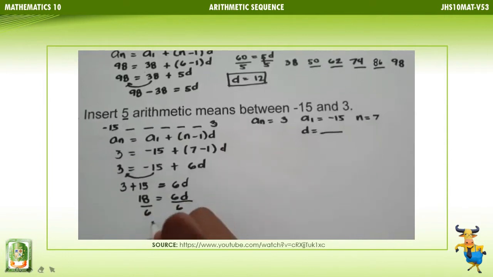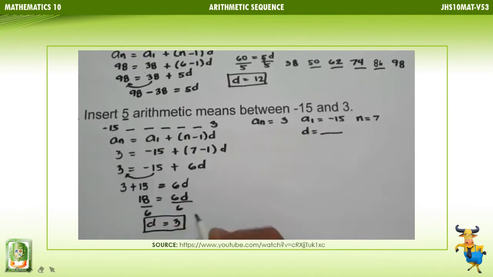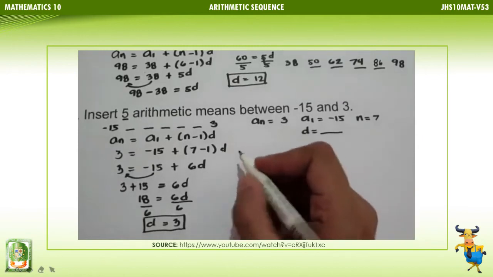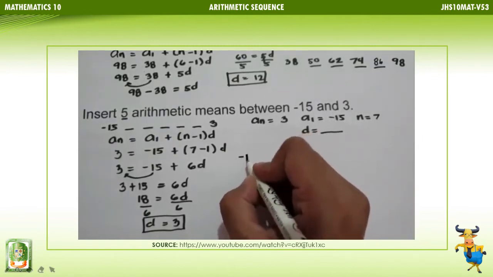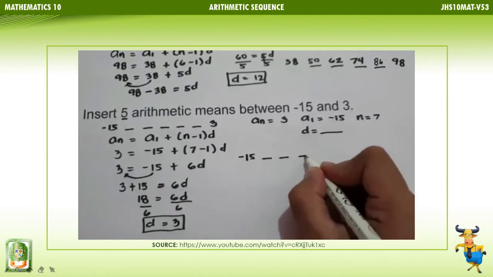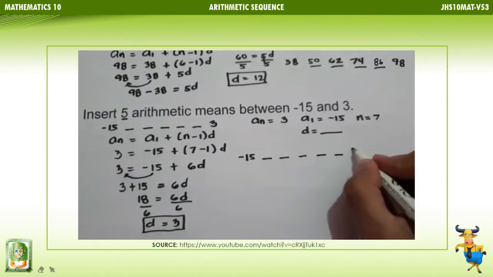So the common difference is 18 divided by 6 is 3. So to find the 5 arithmetic means between negative 15 and 3, simply add 3 to the first term. So we have negative 15 and we are going to insert 5. 1, 2, 3, 4, 5 and then 3.